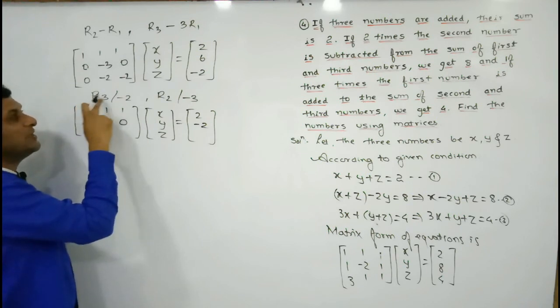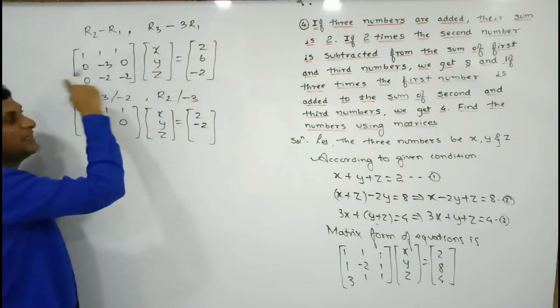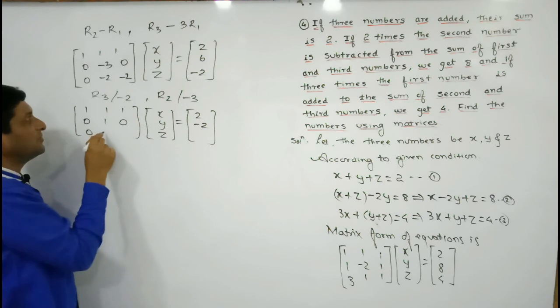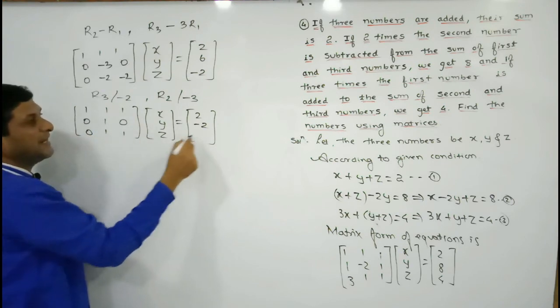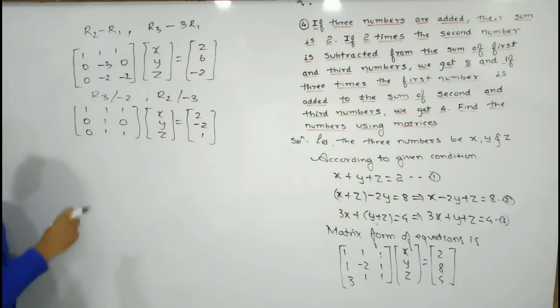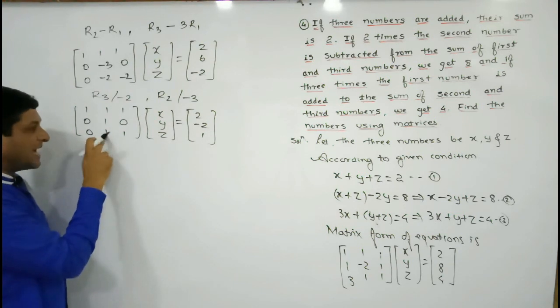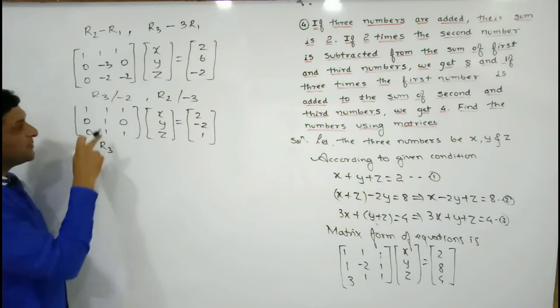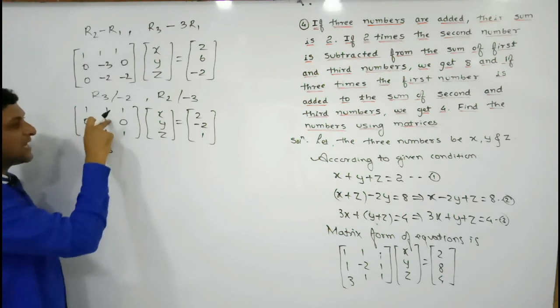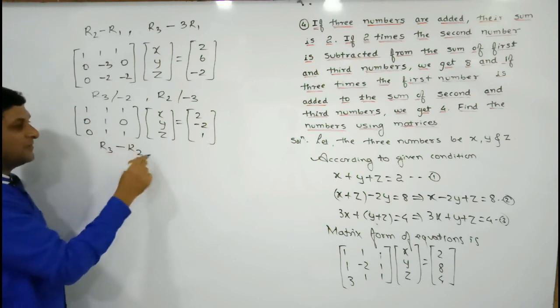Now R3 divided by minus 2, divide all the elements by minus 2, here we'll get 0, 1, 1, and here also 1. Now to convert this element into 0, our operation should be on R3. What operation do we have to perform? R3 minus R2, meaning 1 minus 1 will become 0.